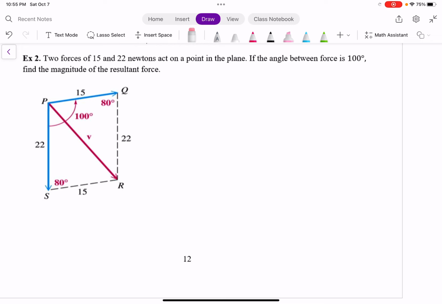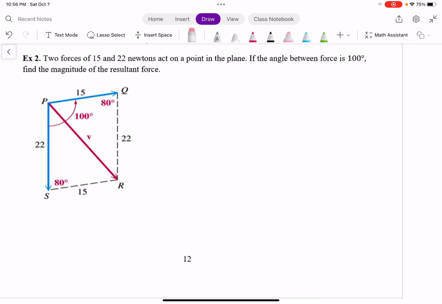So we know PS and PQ. We construct a parallelogram, and the diagonal PR, the pink segment, is the resultant, the sum of the two forces. Maybe I can say the resultant force is named V.